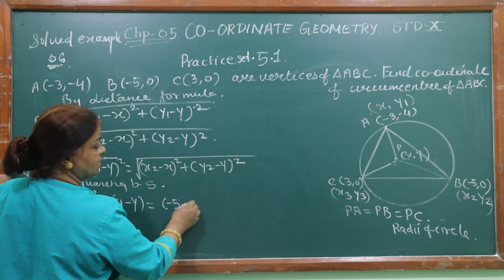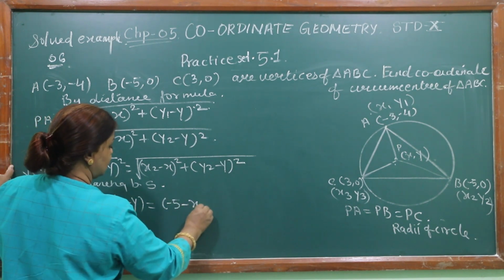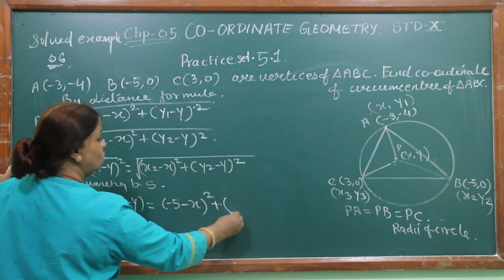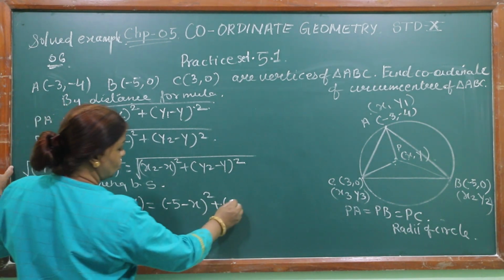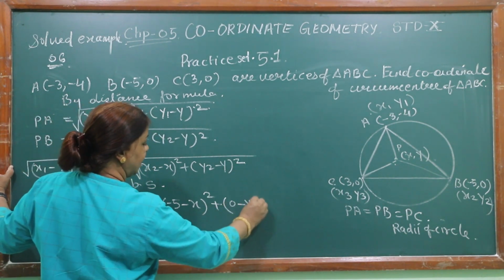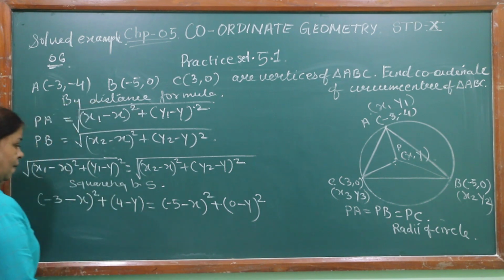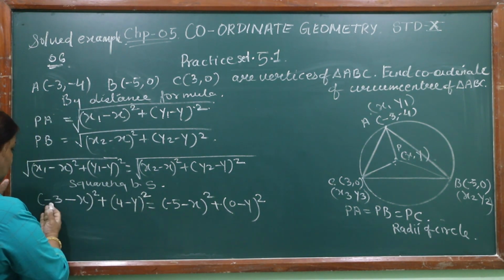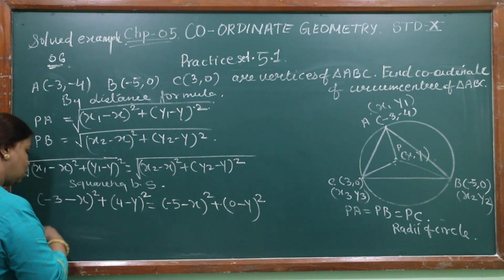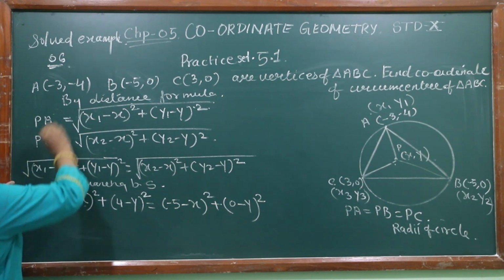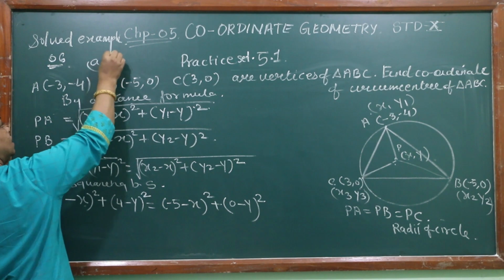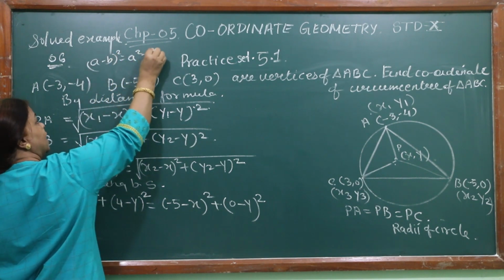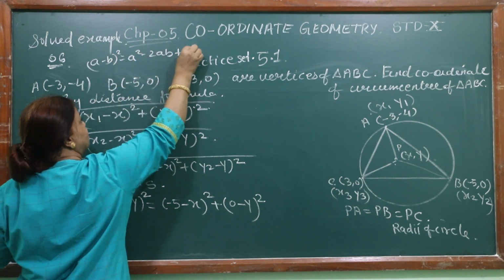Minus 5 minus x the whole square plus y2. What is y2? 0 minus y the whole square. Now this is also whole square. Now minus 3 minus x the whole square, a minus b the whole square formula.